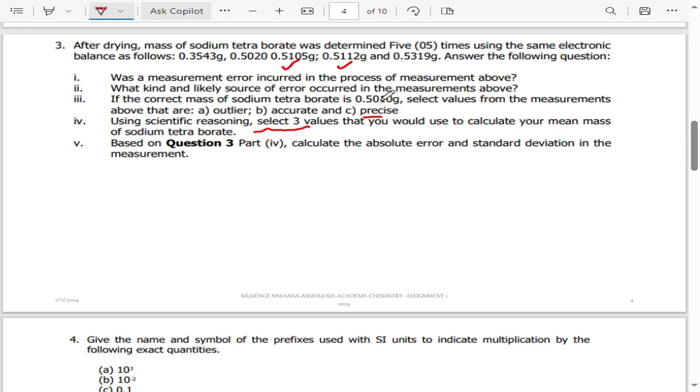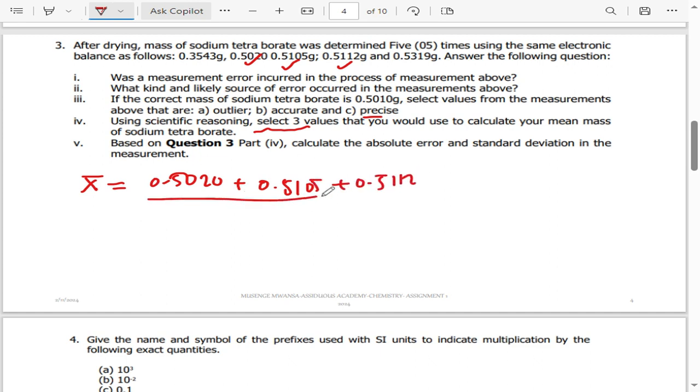Okay, let's look at the true value. The true value is 0.501. So at least even this one. These are the three precise values. So we need to find the mean. The mean is given as the sum of these numbers, 0.5020 plus 0.5105 plus 0.5112, and then you divide by 3.